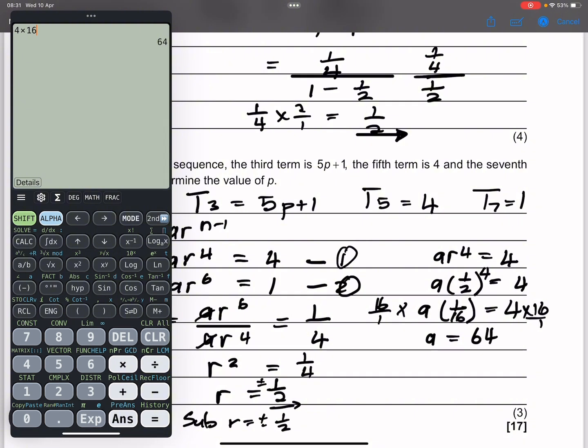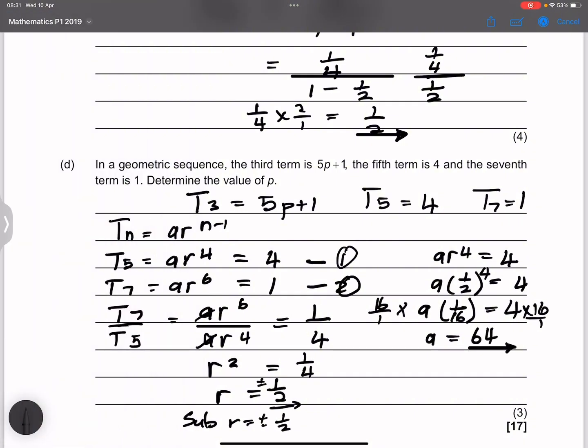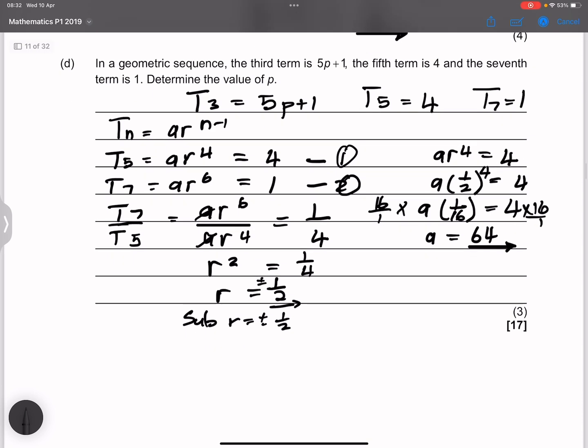Now that we've got the a value, remember we're given term 3. They said for our term 3, we've got 5p plus 1, but we know this is ar to the power of 3 minus 1, that's 2. So ar squared is equal to 5p plus 1.